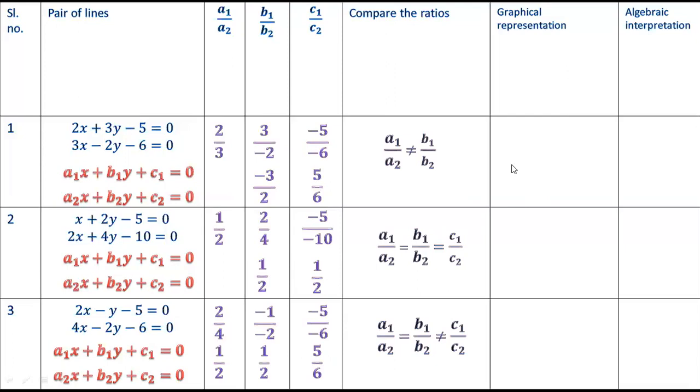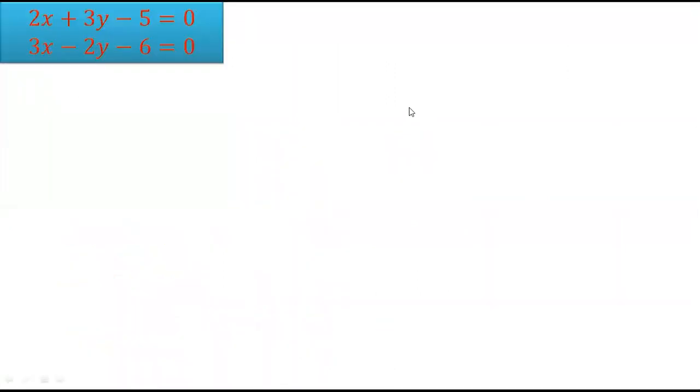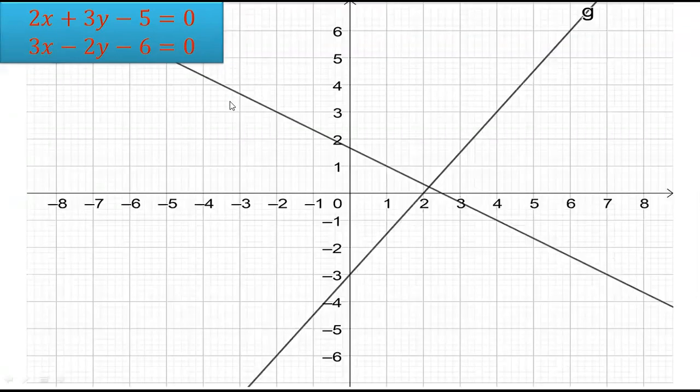So let us represent these equations graphically. Take the first equation, 2x plus 3y minus 5 is equal to 0 and 3x minus 2y minus 6 is equal to 0. When you represent graphically, it comes like this. Here, see, the two lines are intersecting at one point.